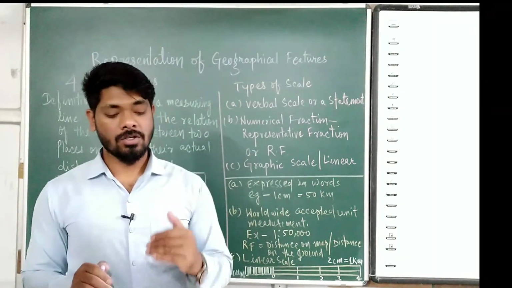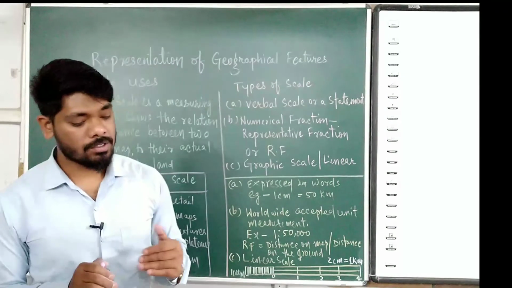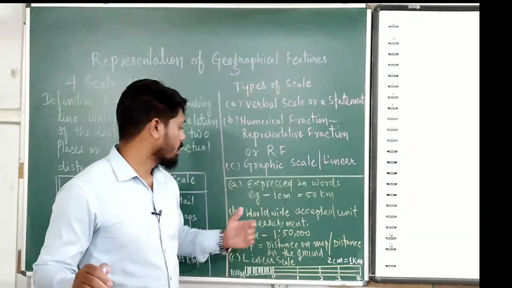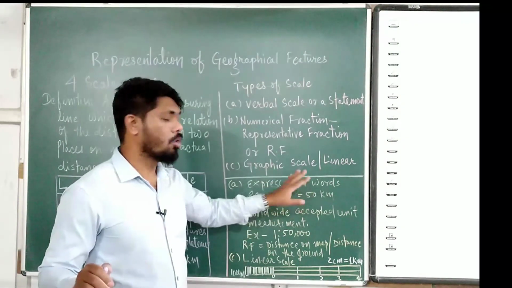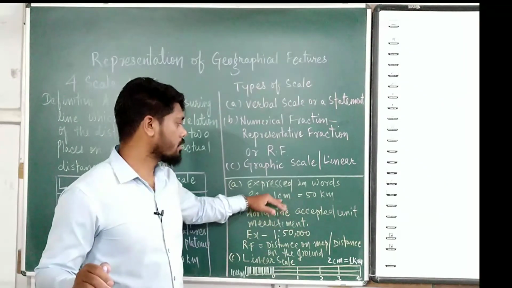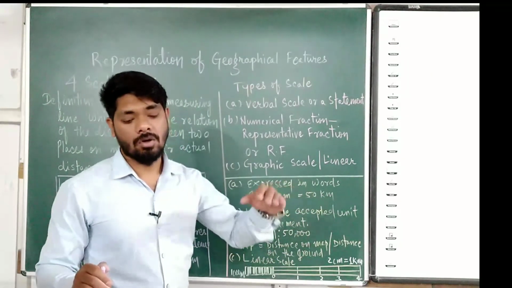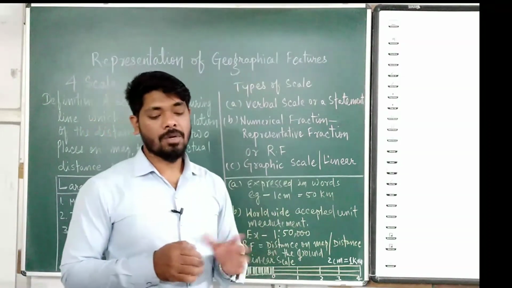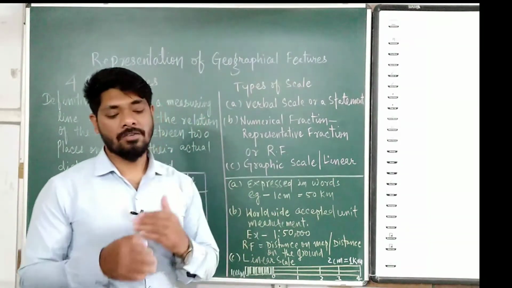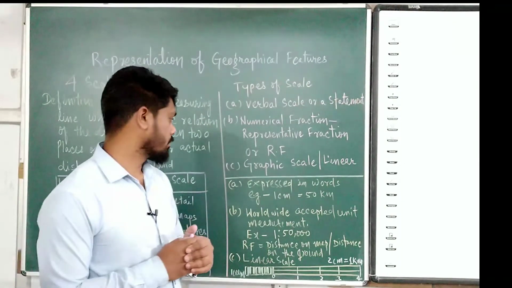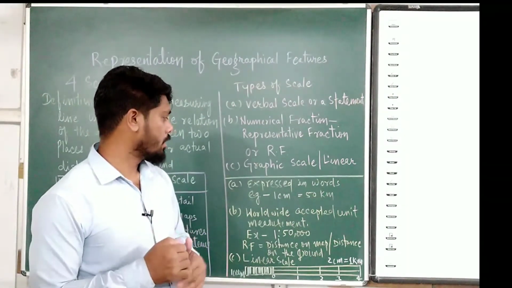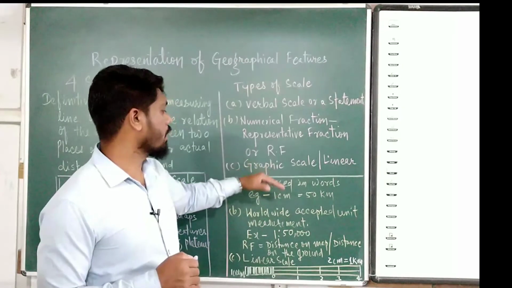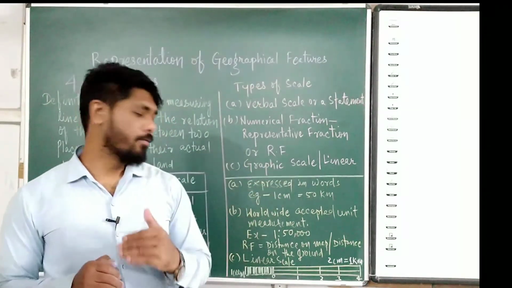It is expressed in words. In a topographical map all three types of scales are given: the verbal scale, the RF, and the graphic or linear scale, shown below the topo sheet. For example, 1 centimeter is equal to 50 kilometers, written in words on the map. This is not very popular because it does not give accurate measurement.